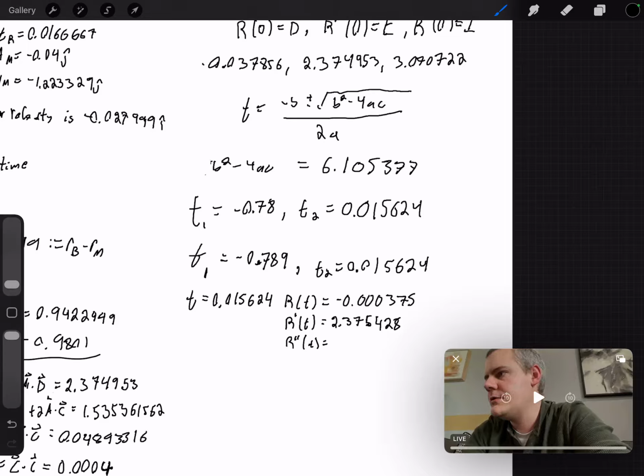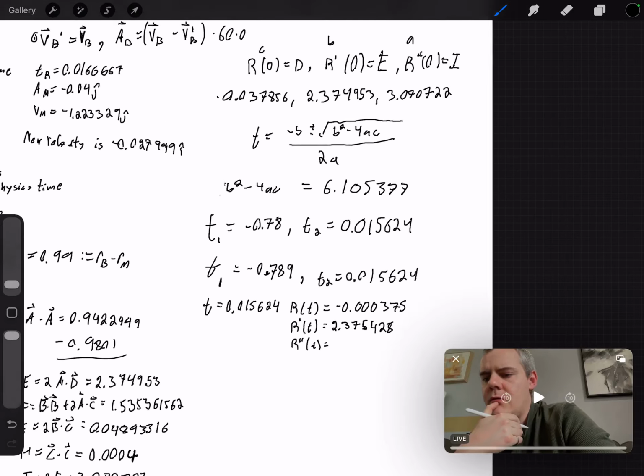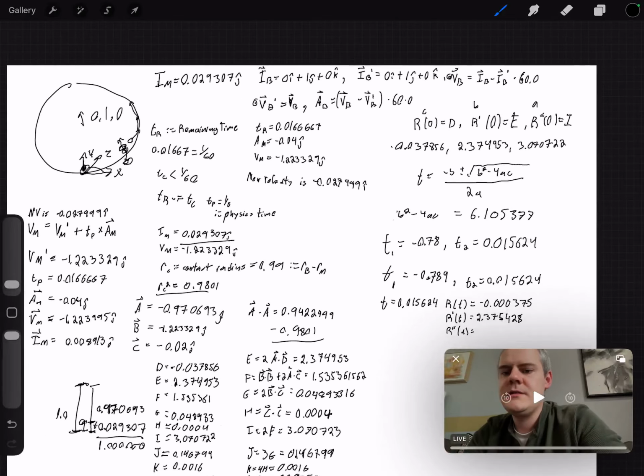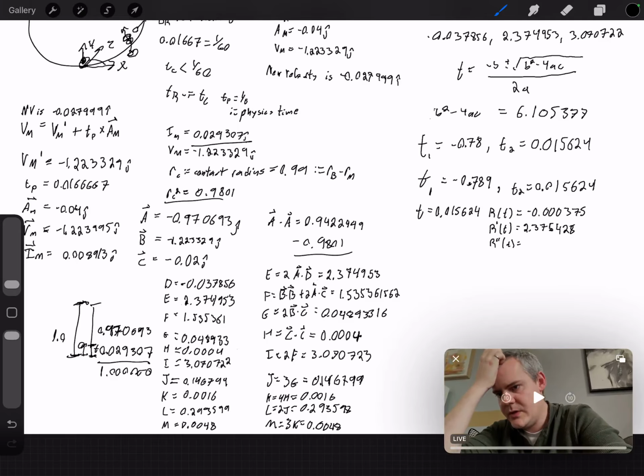The acceleration. Is that surprising for the acceleration to change? Why would it? There's something about that seems odd. Because I guess it is a sphere, but everything's perfectly aligned.